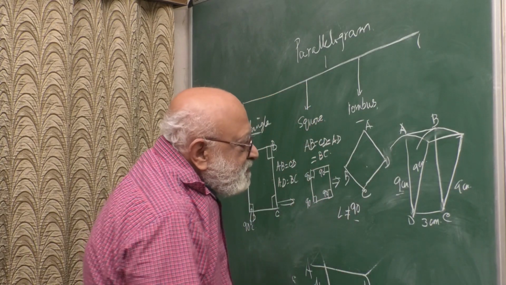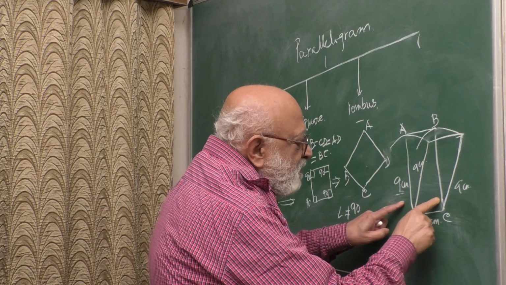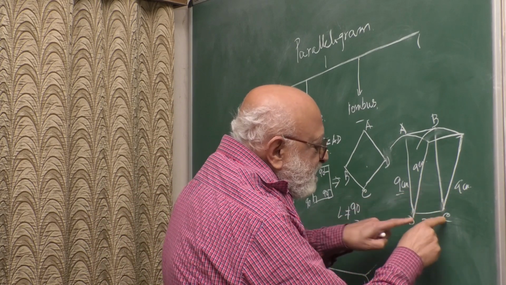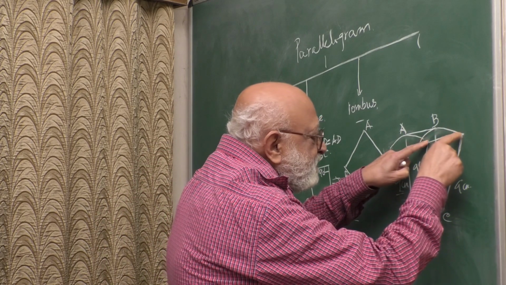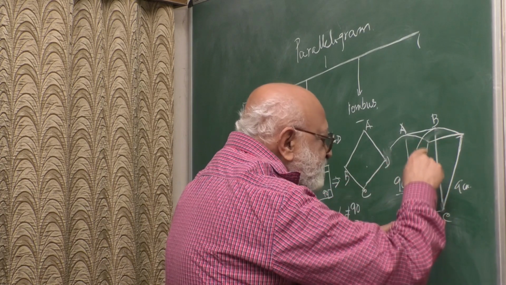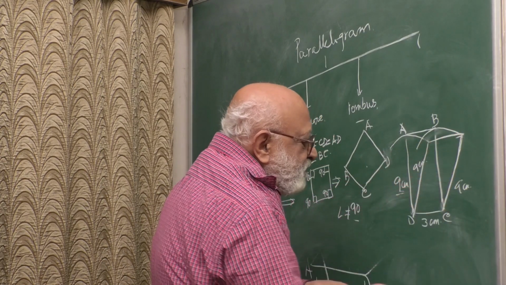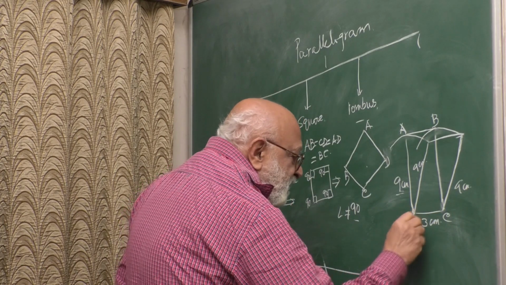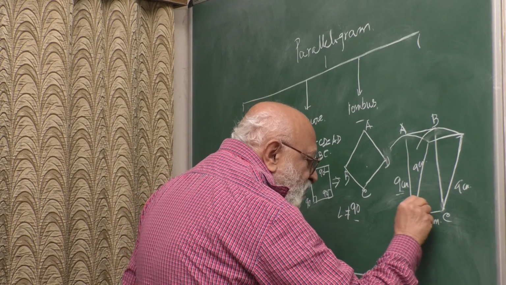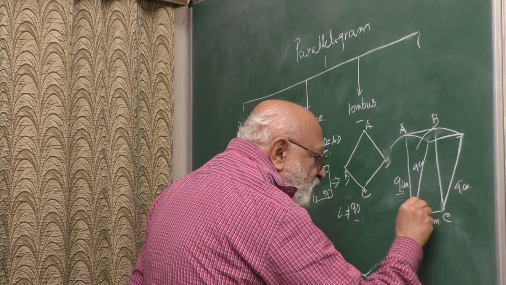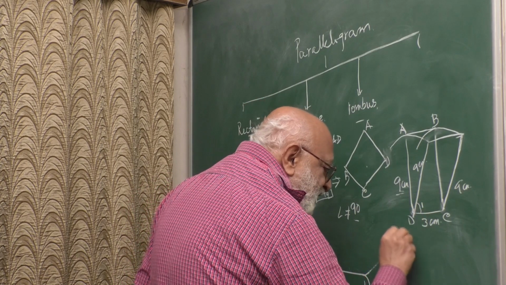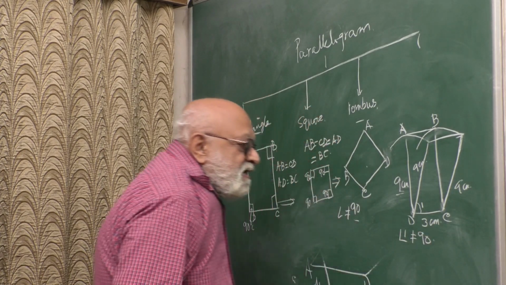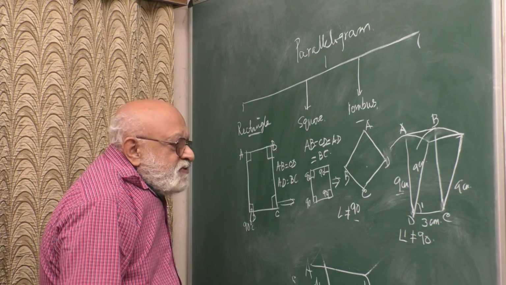So from a rectangle, I have converted it into a figure where this side and this side are equal and this side and this side are equal. But in this figure, this angle is not 90. If I call this angle 1, angle 1 is not 90 degrees. But look what happens to the area.